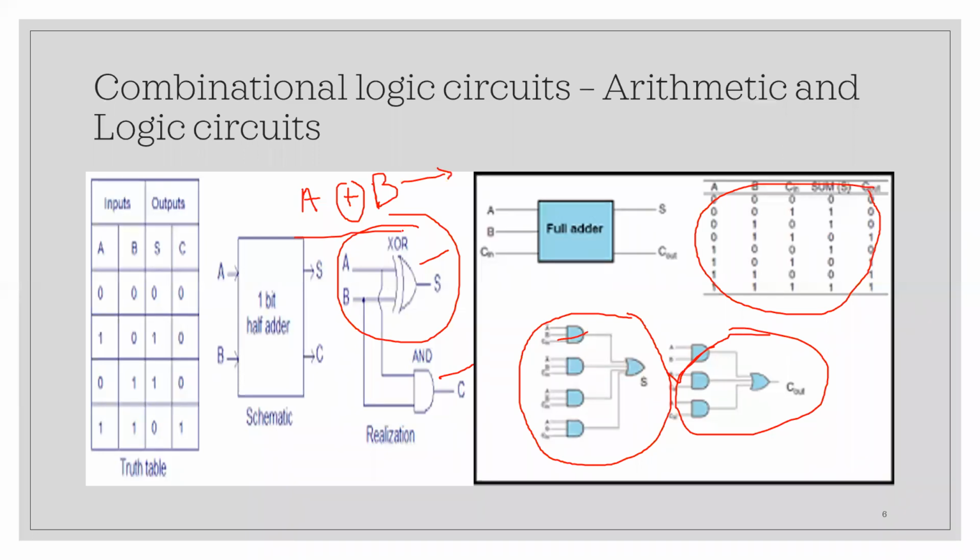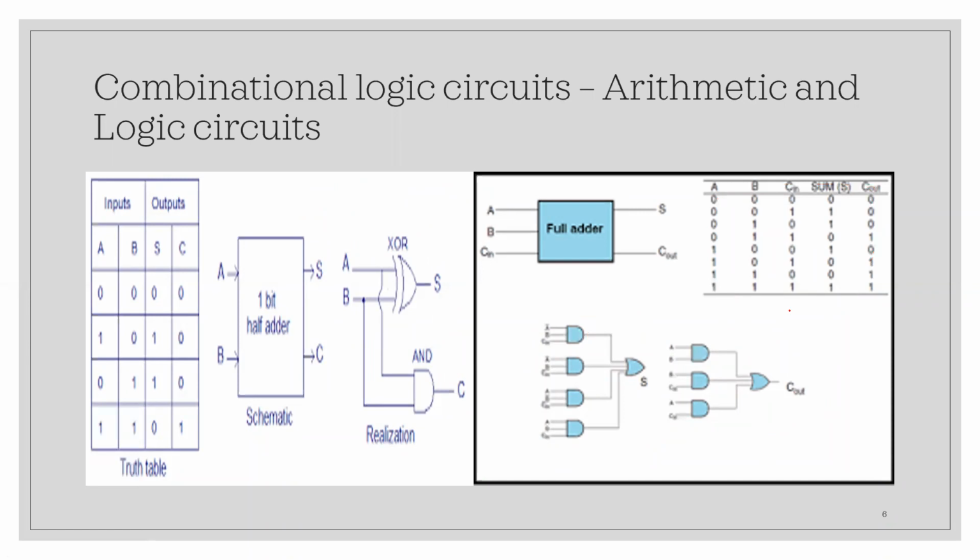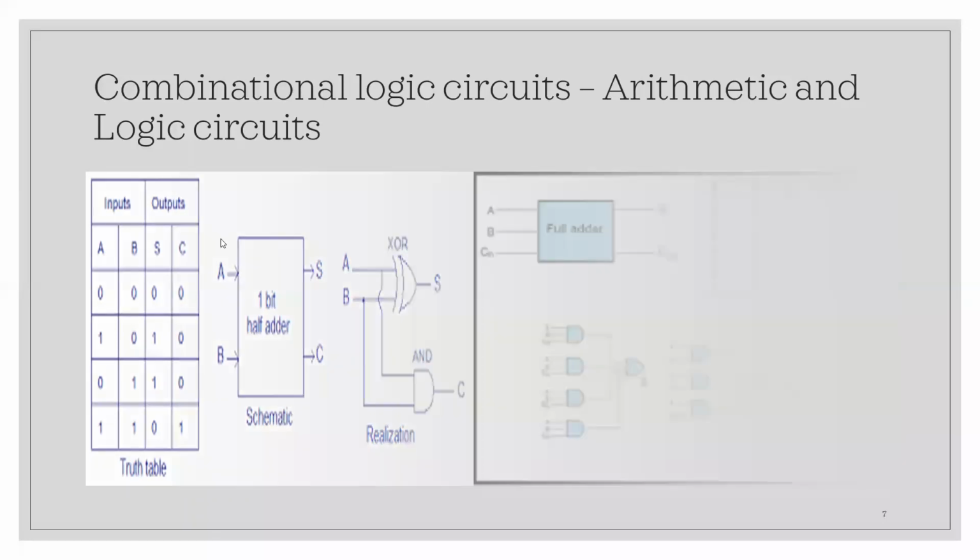I realize this expression in terms of NAND or NOR, and then I replace these gates with the universal gates. So whatever representation is needed is available. That is with respect to the combinational logic circuits for arithmetic and logic circuits, in terms of half adder and full adder.